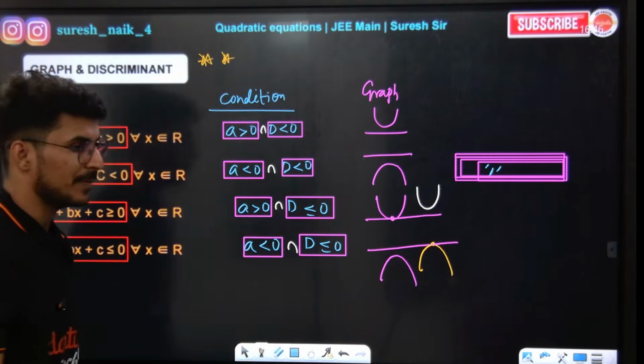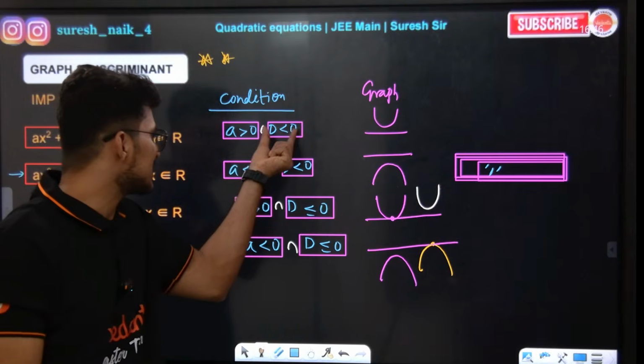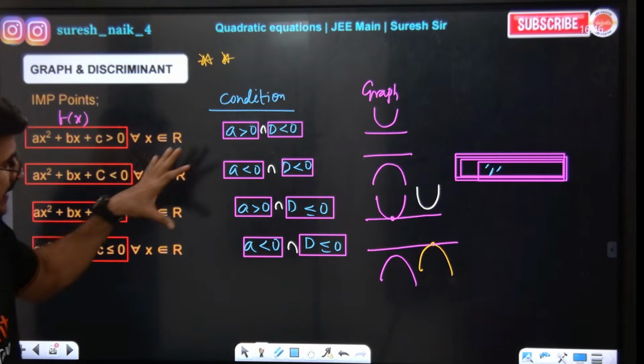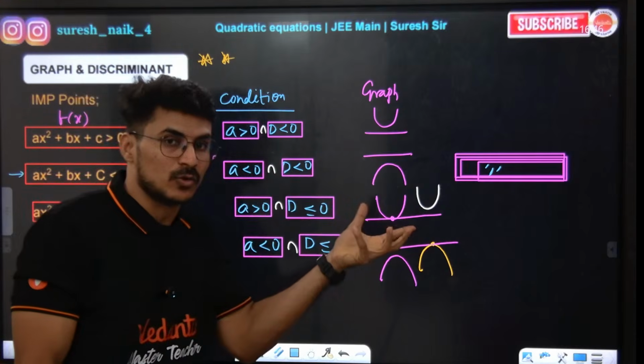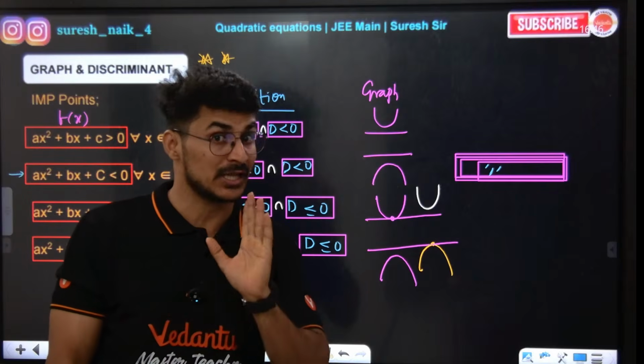Getting the point or not? The condition should be like this, so when we take the conditions, we take their intersection. That is when your answer will be right, otherwise wrong.